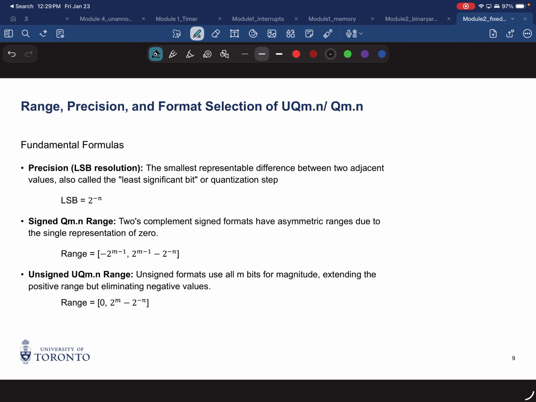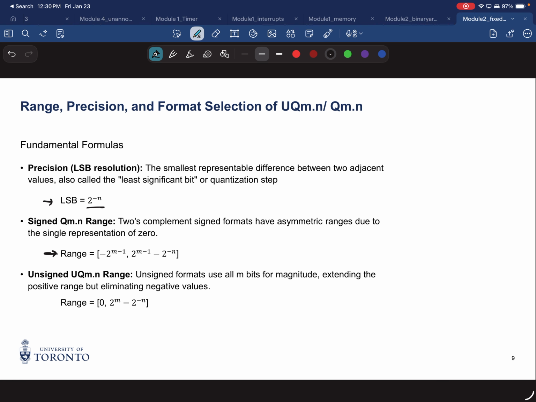So we have two things with the Qm.n format. One of them is resolution, and as you know by now, it's 2 to the power of minus n. Then the other one is the range.